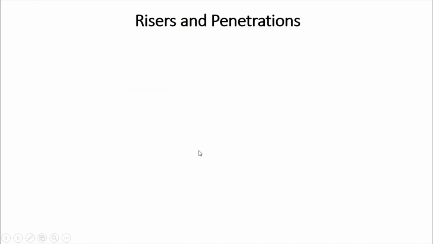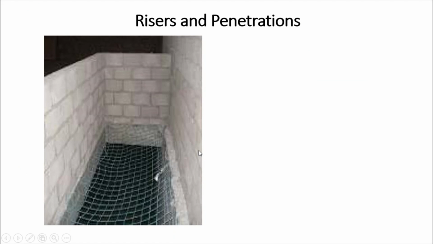Risers and penetrations. A riser is an opening on the floors that is dangerous during construction. From the beginning of the construction, we need to make a proper plan on how we are going to protect the risers, so that no person will fall down into them.